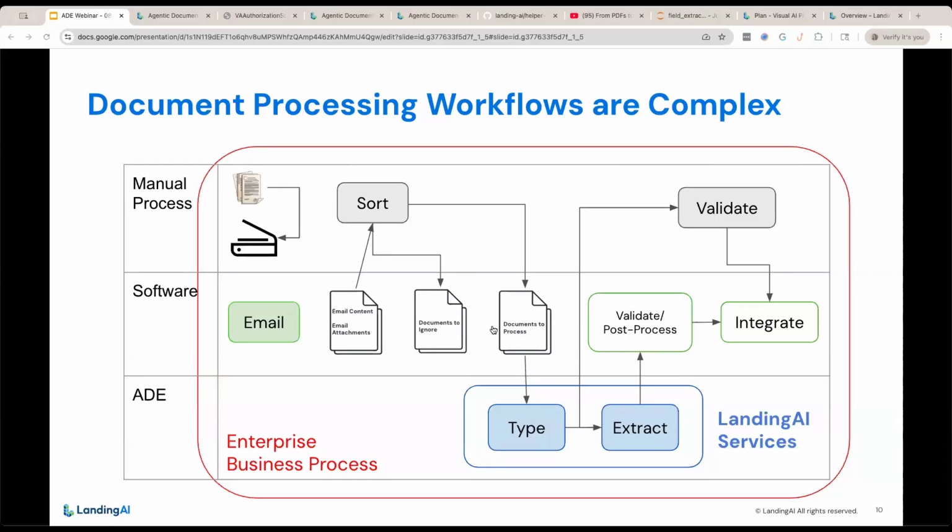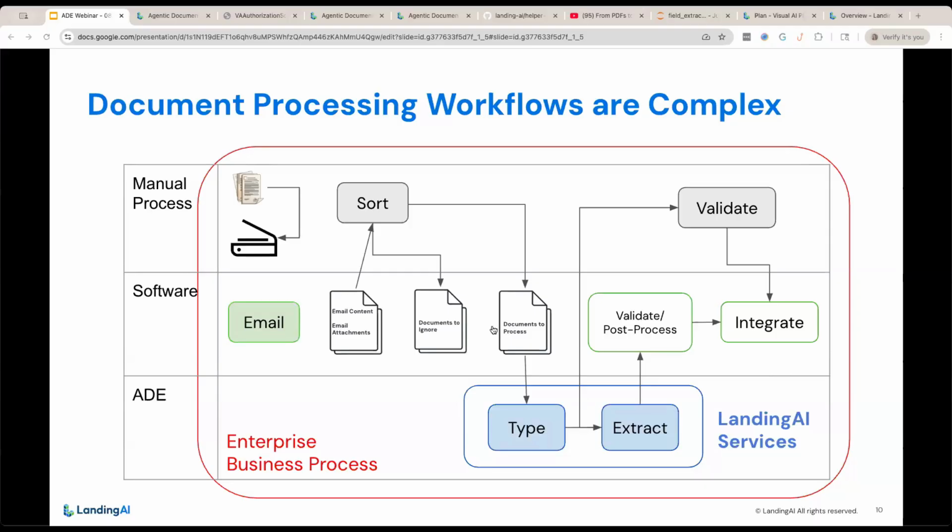So this is a good visual graph that shows, as part of the overall enterprise business process, there are tools and capability, of course, that our ADE LandingAI service is supporting. But there's also a lot that happens in the full process that is outside of our ultimate scope.